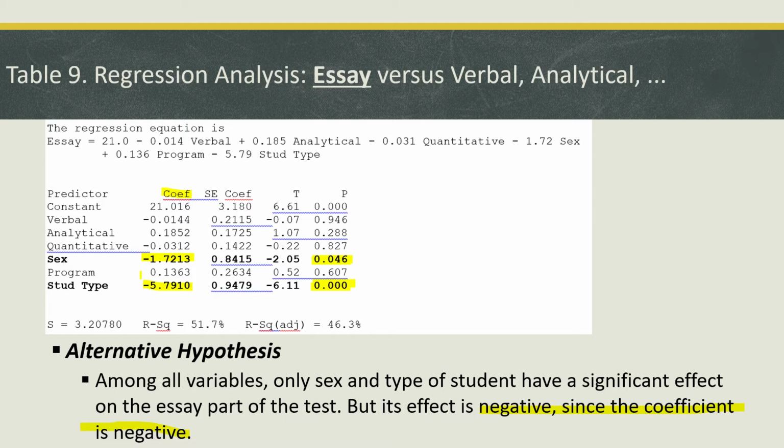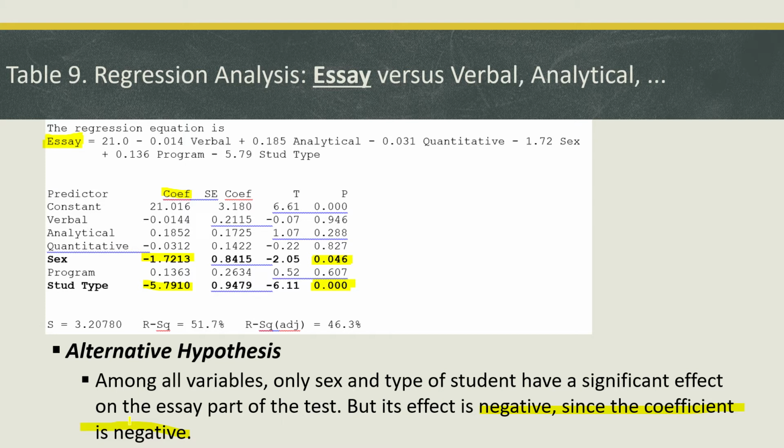It's because of the negative value, but the negative value would just mean that as they perform in the essay type of test, as male and female, since sex is classified as male and female, regardless of whether they are male or female, their answers actually are contributing negatively to the type of essay test, both their answers.